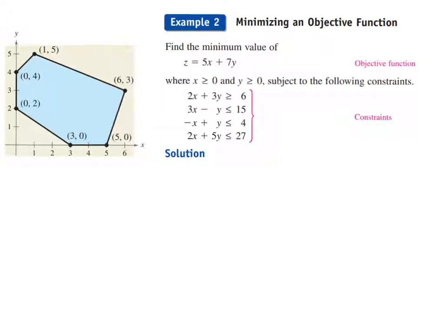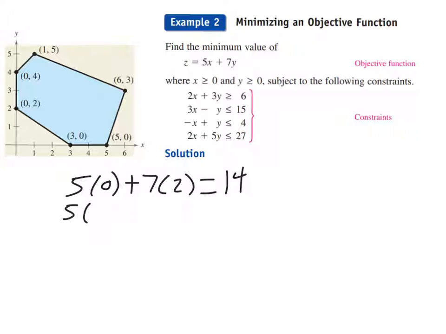Okay, so I go to 0, 2. I'll just start there and then kind of work my way around clockwise. So 0, 2 would be 5 times 0 plus 7 times 2, which would be 14. I'll go up to 0, 4.